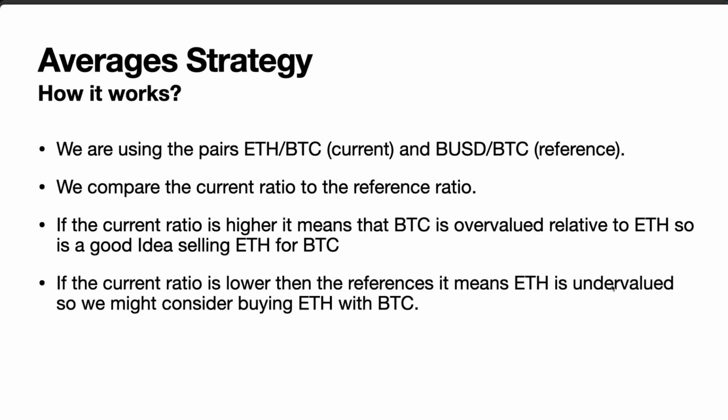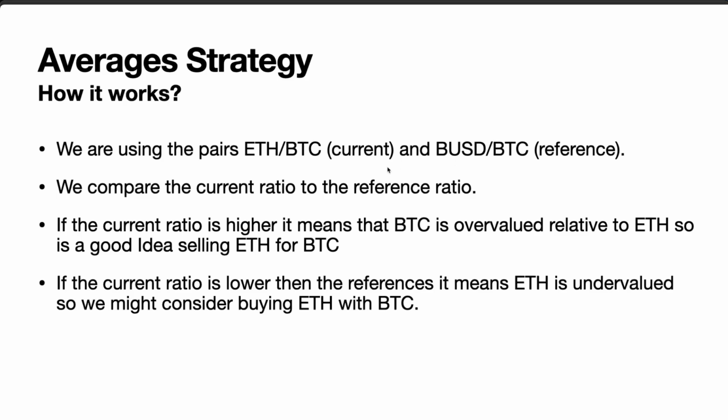Now, let's understand which is the first strategy we are going to apply in this strategy.py. Here we have the average strategy. We are going to compare two pairs using the same base asset, in this case Ethereum against Bitcoin, which is going to be the current valuation or the current ratio we want to calculate, and a reference ratio, which is going to be BUSD against Bitcoin.